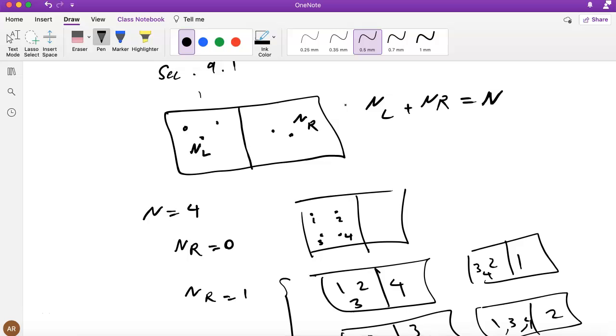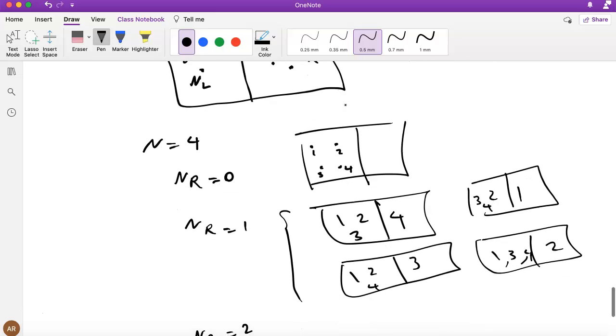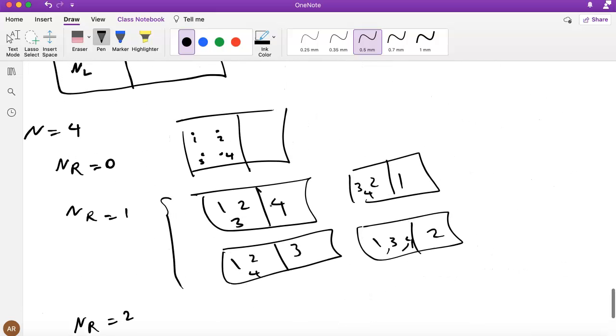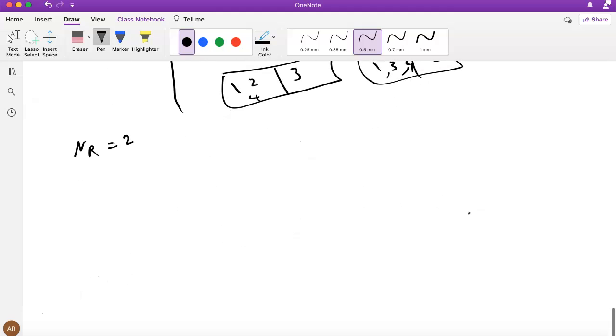How can I think about the number of ways? Well, it's basically the number of ways of selecting n_l objects out of n objects. For example, here I chose one object out of 4 objects, and I had 4 different ways to get this partition.